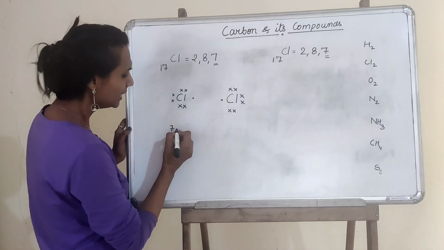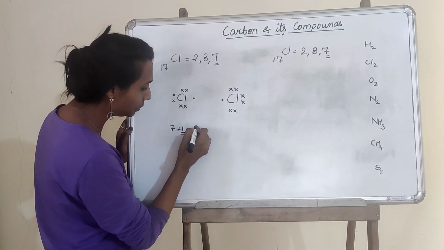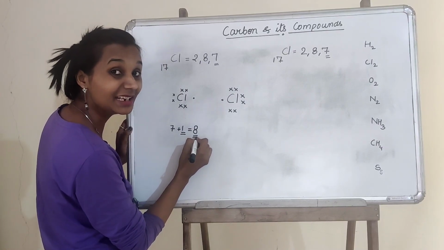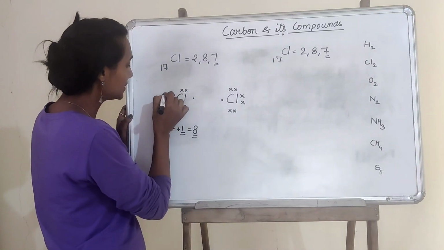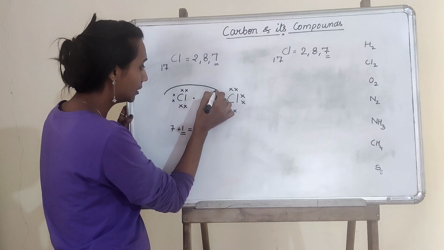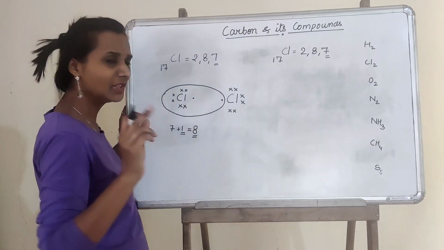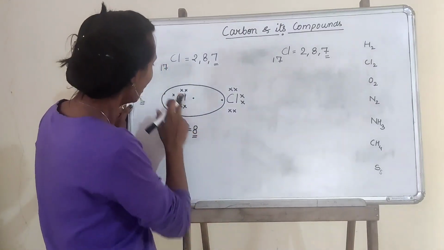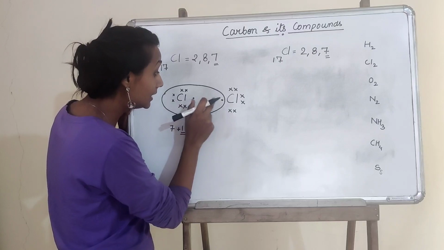Do you know it only requires 1 electron to complete its octet, 8 electrons? So how will it do that? See the way I have drawn. Now can you count, students? 1, 2, 3, 4, 5, 6, 7, 8.